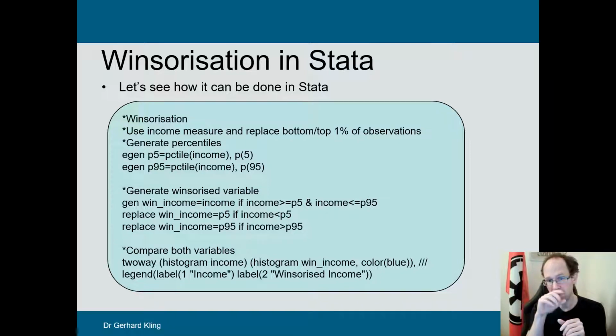And here is an example of how to do it, and I will just show you this in a minute in Stata. Let me just stress one point. As long as you are transparent and you say what you do and you explain why you do it and you show me what happens with and without the adjustment, I think this is perfectly acceptable.